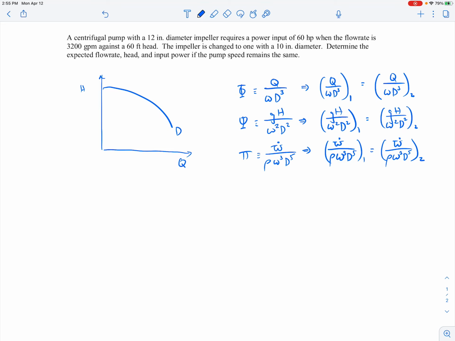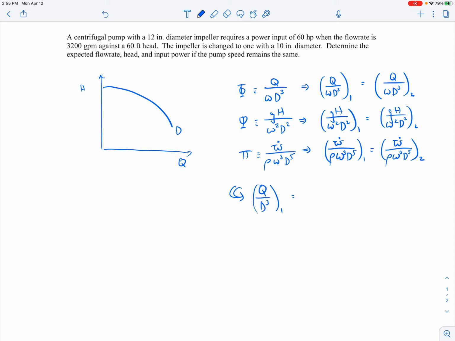So what that means then, for our particular case, is Q1 over D1 cubed should equal Q2 over D2 cubed. H1 over D1 squared should be H2 over D2 squared. And then the power over D to the fifth for case 1 should be the same as the power over D to the fifth for case 2.